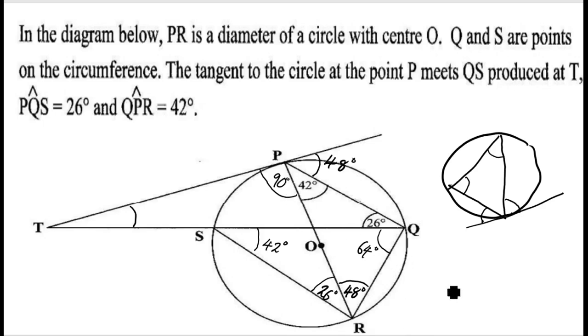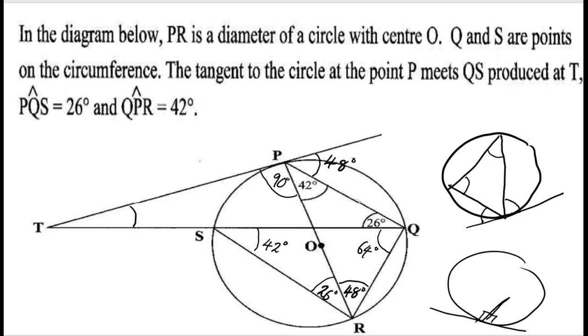Another theorem that you can use is that when a radius meets a tangent, they meet at 90 degrees. So OP is a radius and it meets the tangent at 90 degrees.